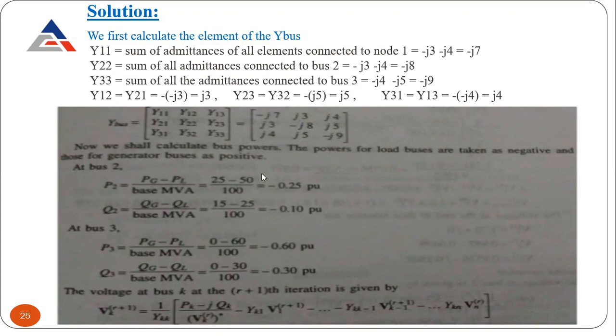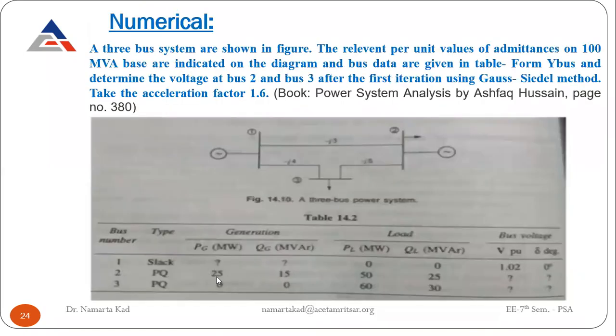Okay, now next step is to calculate the powers. Now P2 is equal to generated power minus demand power. So generated power is 25, demand power is 50, divided by the base MVA, and we got -0.25 per unit. See here, it is 25 here and it is 50 here. So 25 minus 50.